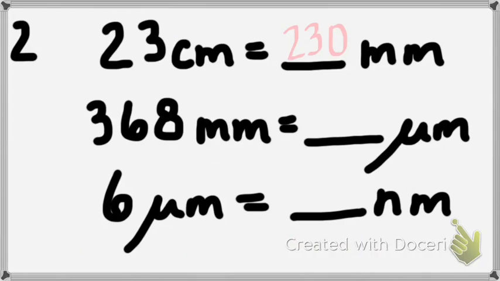Okay, 368 millimeters would be how many micrometers? 368,000. Boy, that Nyla, she's on fire on these conversions. Okay, 6 micrometers would be how many nanometers? 6,000.